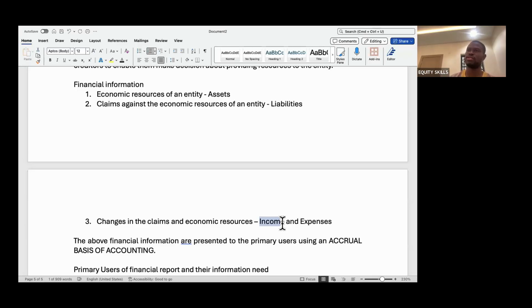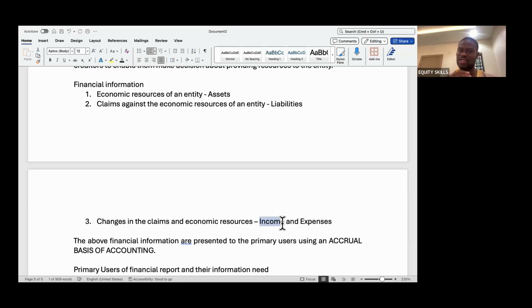As a reporting student, a lot of us are used to explaining accrual basis as you recognize income when they are earned and not when they are received. You recognize expense when they are incurred and not when they are paid. That's fine. But you need to understand the brain behind this. That if you don't recognize economic activities as they occur, you will miss a lot. A lot of things will be omitted from the books.